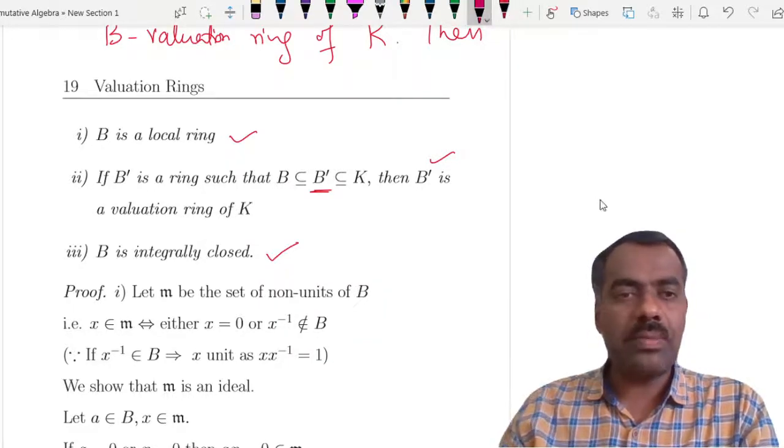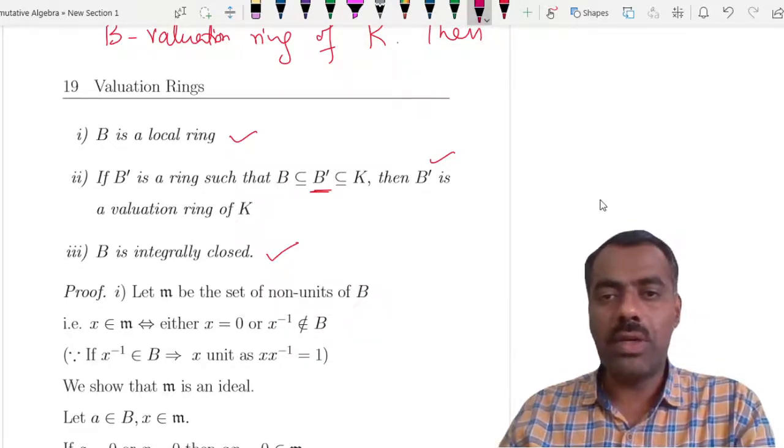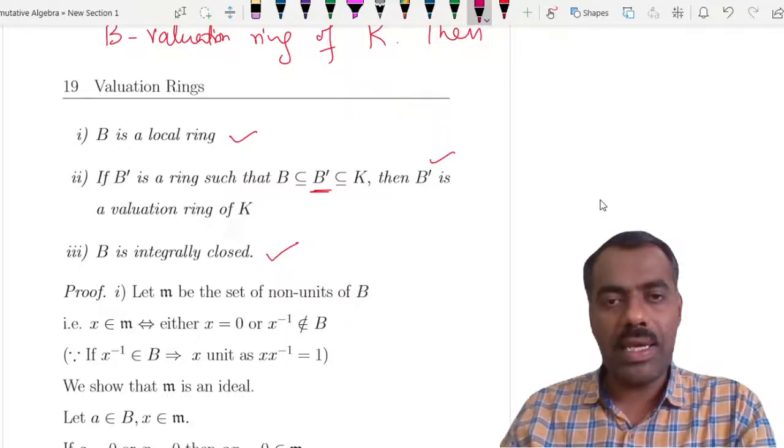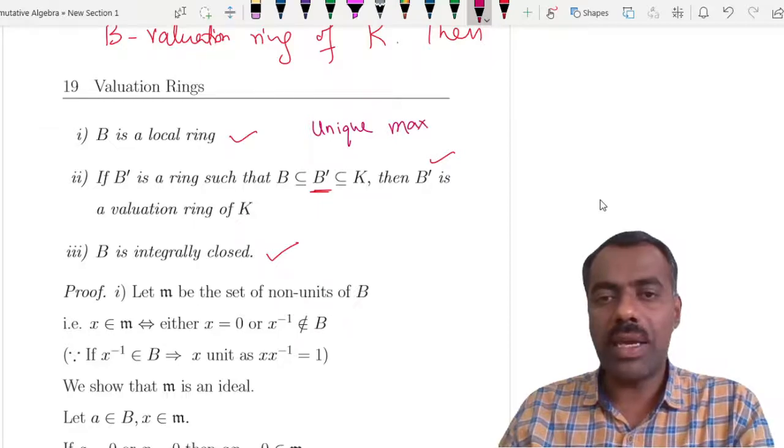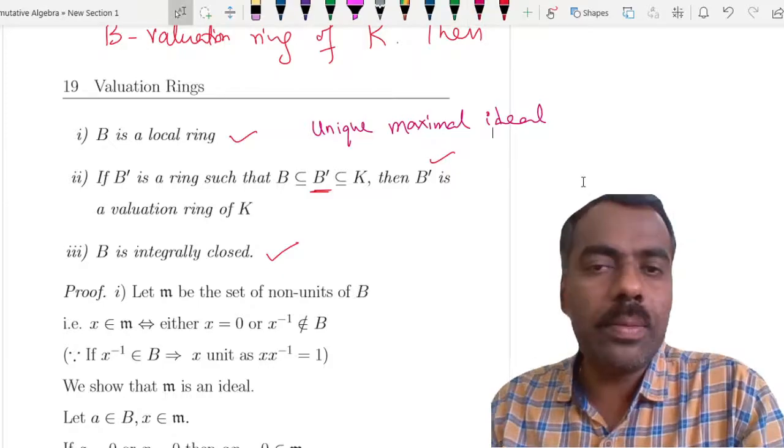What is meant by proving that B is a local ring? We want to show that there is a unique maximal ideal. Then B will become a local ring.